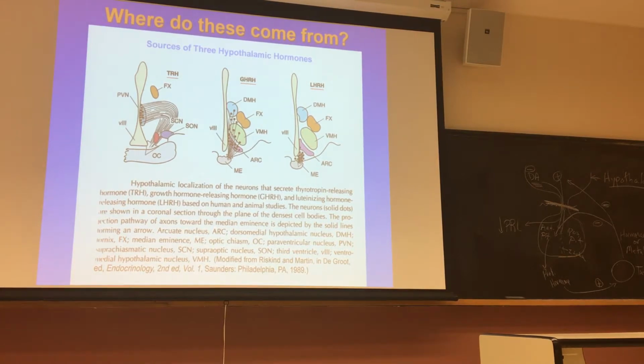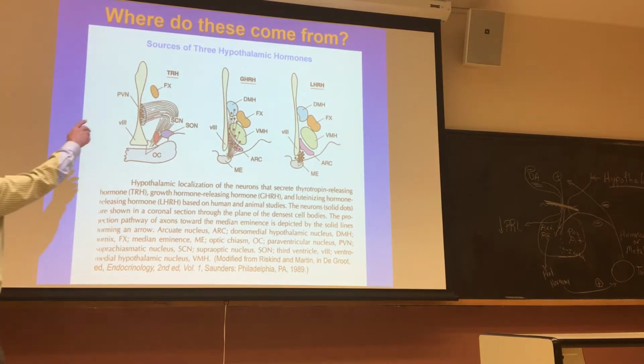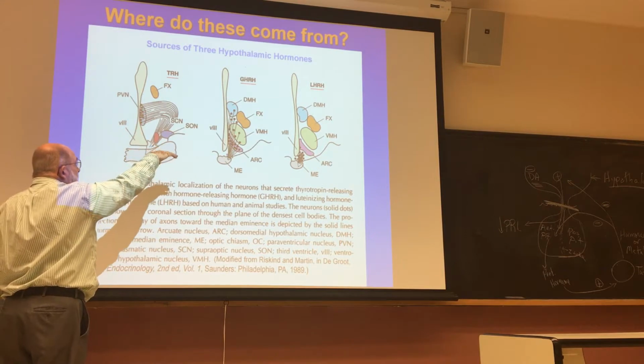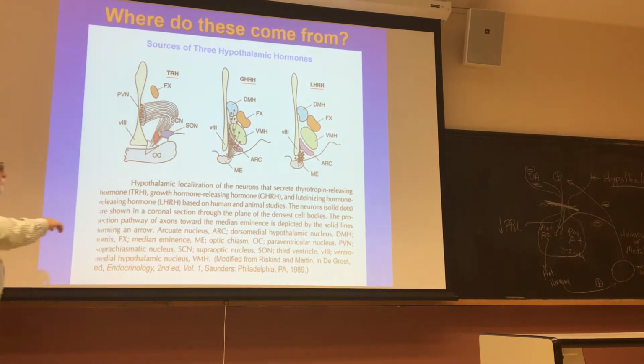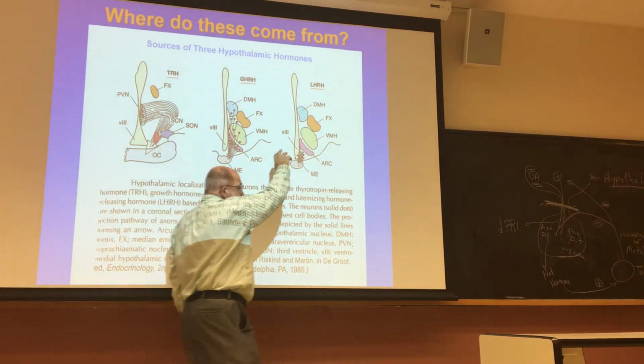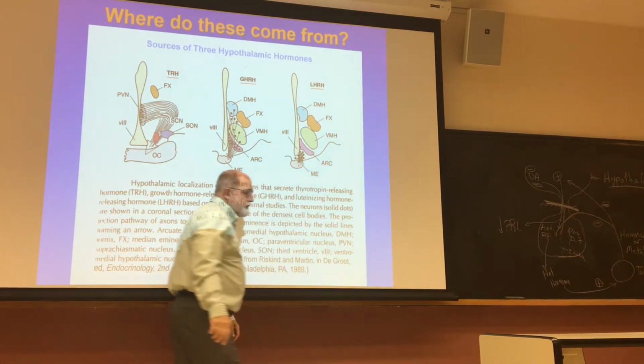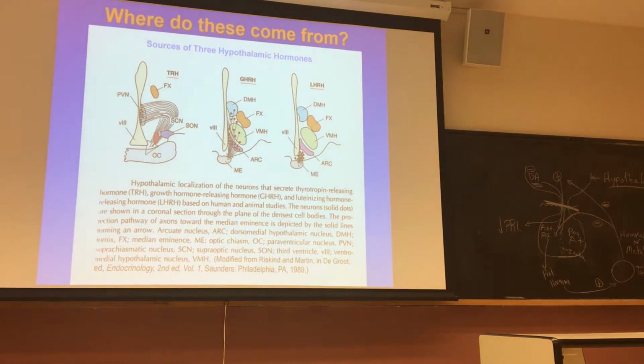Okay, so they come from a variety of paired nuclei in the hypothalamus around the third ventricle, and they're feeding down through the primary and secondary portal plexus onto the cells in the anterior pituitary.